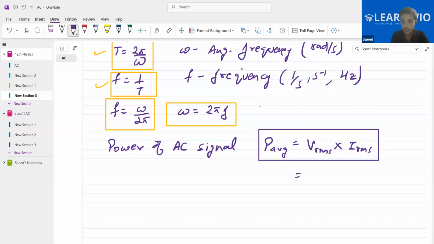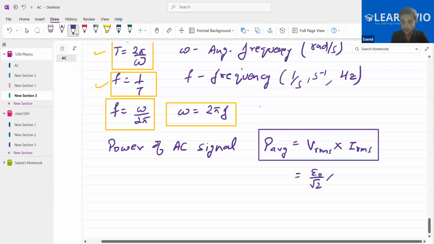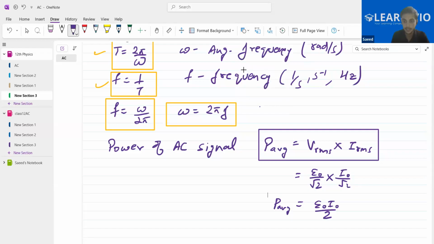In terms of E naught by root 2 and I naught by root 2, this will be E naught into I naught by 2. Just remember the first one; the rest can be derived by you.